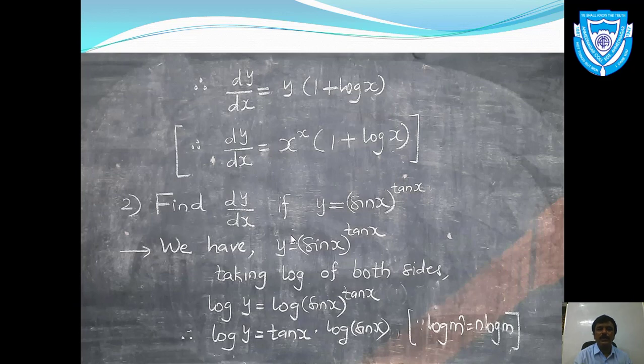So for that we'll replace y by x raised to x. It means that we can write the derivative of y as dy upon dx is equals to x raised to x into the bracket 1 plus log x. This is the correct and final answer.